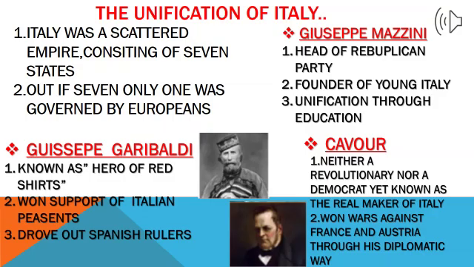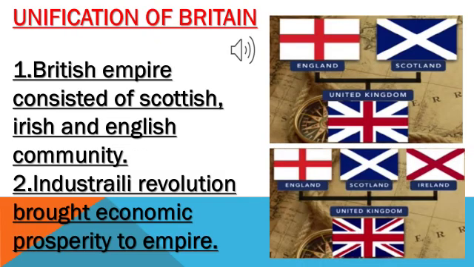Children, the history of nationalism in Britain was different from the rest of Europe. Before the 18th century, there was no British nation, and the people of different identities comprised English, Scot, or Irish. They lived in the British Isles.